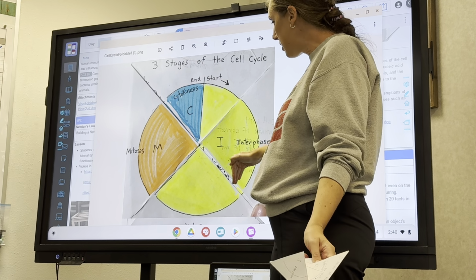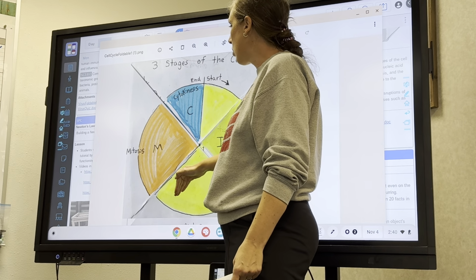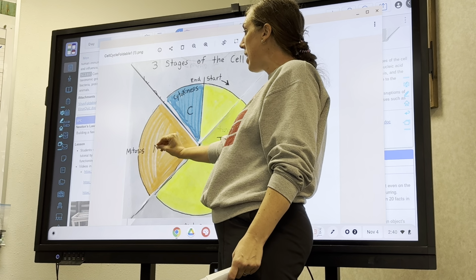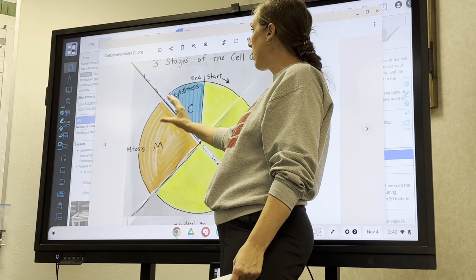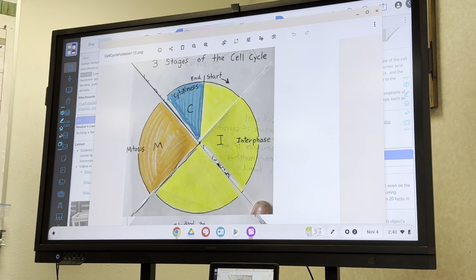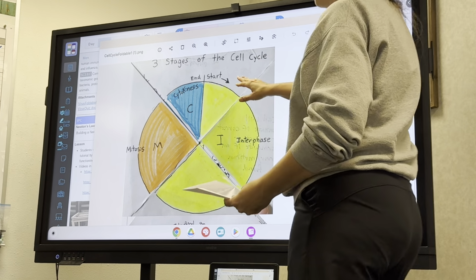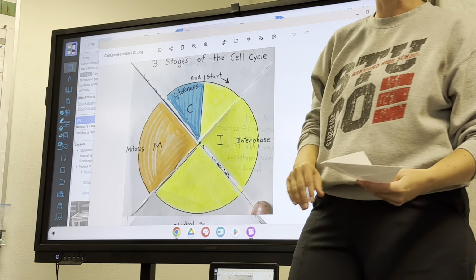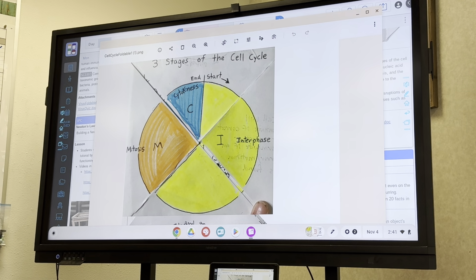Synthesize DNA, synthesize DNA, synthesize DNA, grow. Then we separate everything out and then we divide, okay? So highlight your first area in yellow just like I did. So do that big interphase area in yellow like me.